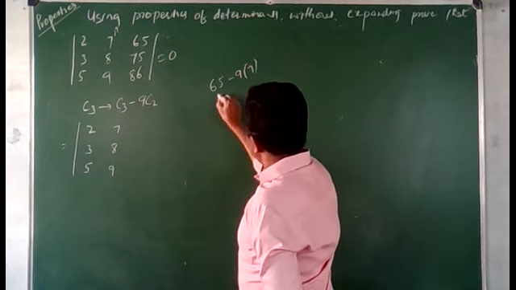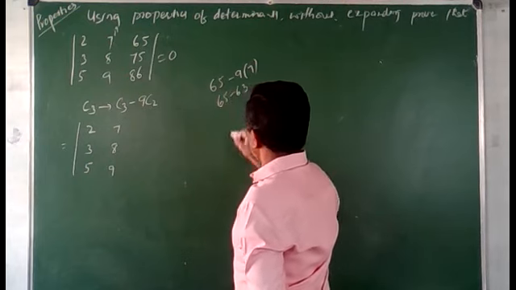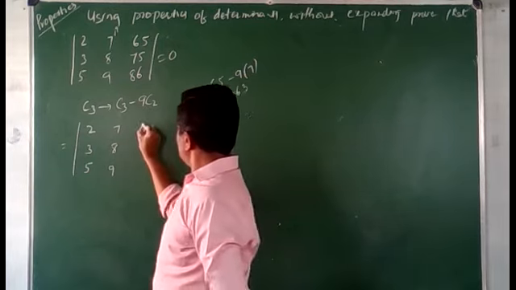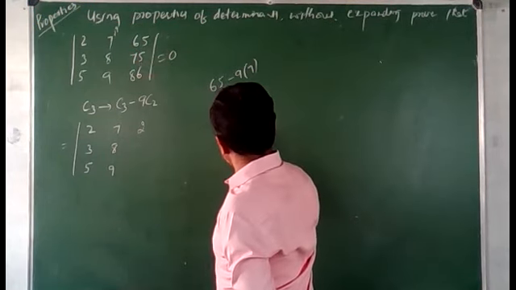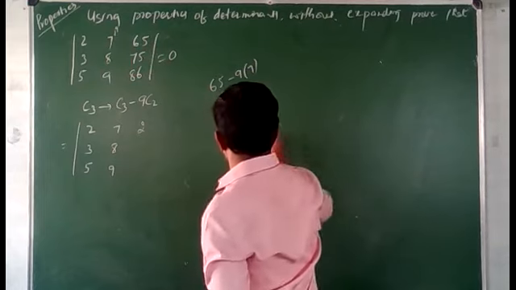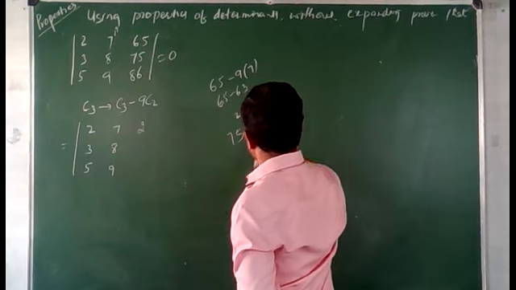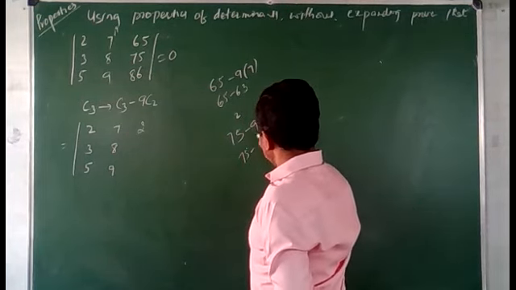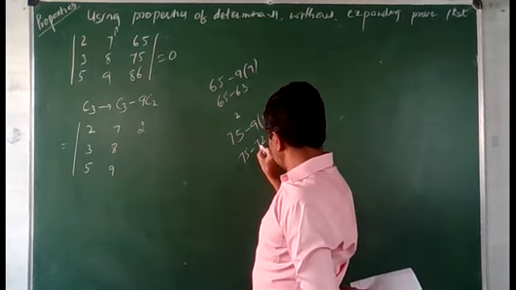So 65 minus 63 gives 2. Now the next element, 75 in C3. 75 minus 9 times its corresponding element, which is 8. So 75 minus 9 into 8, that is 72. 75 minus 72 gives 3.